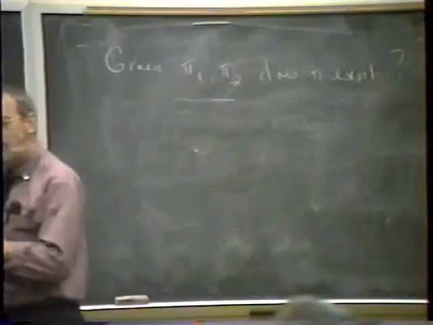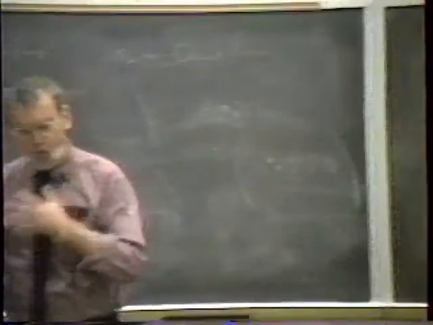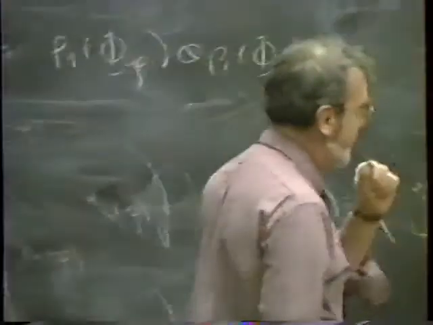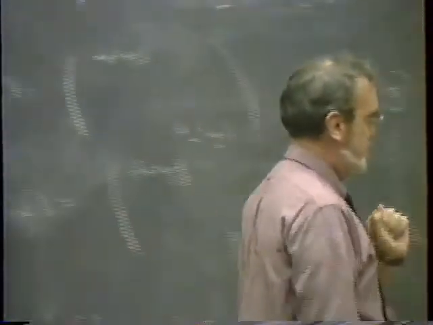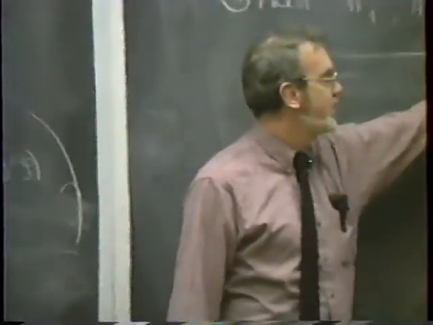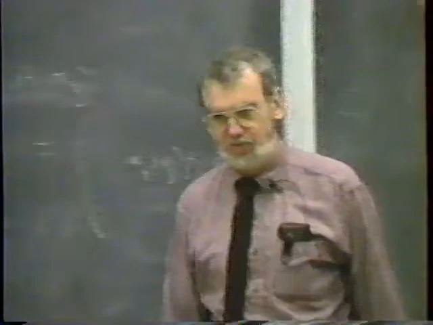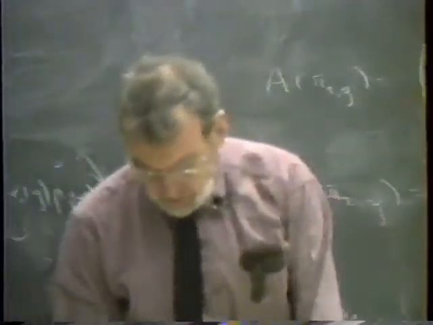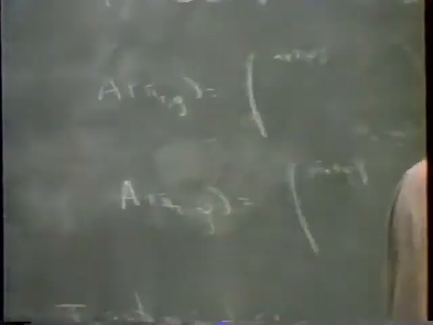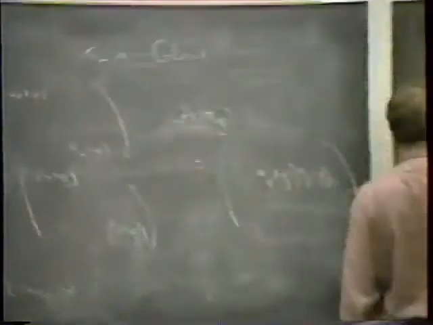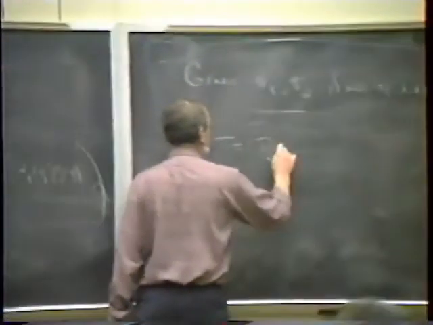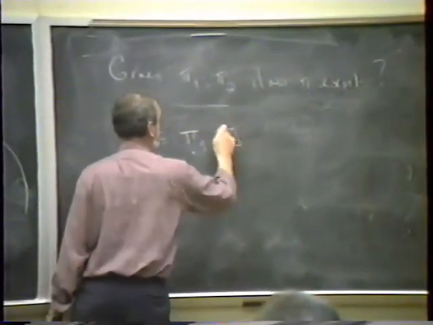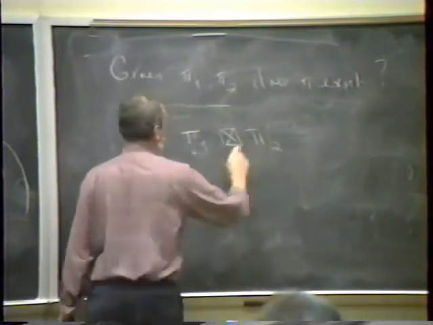Now, this is a question not about representations as such, but about automorphic representations, which I'll come back to. To build such a representation pi is easy enough, but it has to be automorphic. So that's the constraint. And pi we would call the external tensor product of these two objects, pi 1 and pi 2.